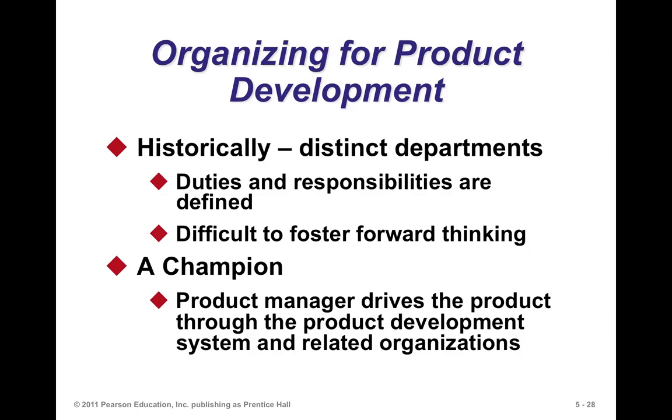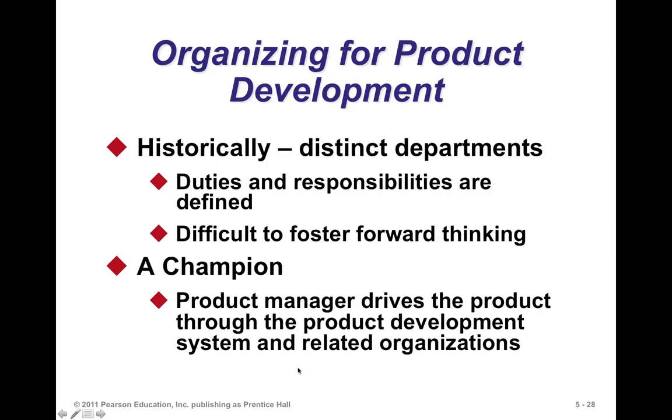If you want to examine how companies actually go into the design process, over time we've had some changes. In the past, pretty much you had a separate department, and that department was charged with the responsibility of coming up with new designs. The danger in that was that the design folks conceived of products and services in one way, but did not necessarily take into consideration what the manufacturing requirements would be.